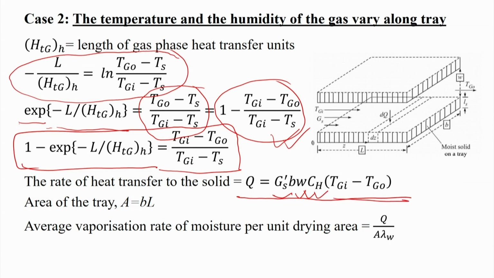So, this is the total heat Q that we are now getting in this form. The area of the tray will be B into L, because the area of the tray is the length and the breadth. So, the total area will be B into L. The average vaporization rate of the moisture per unit drying air will be Q by A into lambda W.